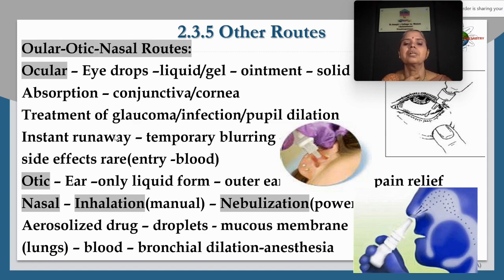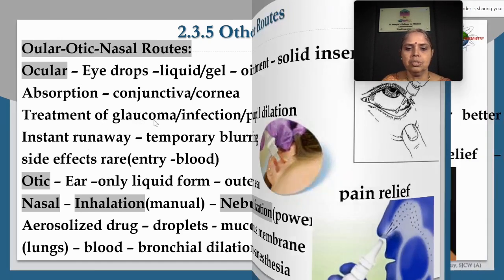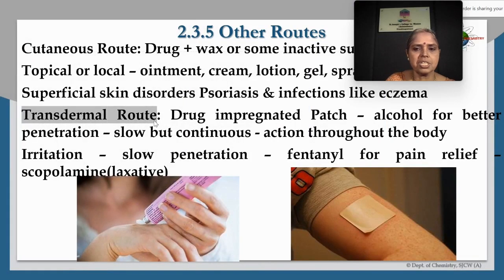It will go into the tract, from there into the lungs, and it will cause the desired effect through nebulization. Also, there is little risk here. If the drug is directly deposited on the lung wall without becoming a fine mist, then it will cause irritation, coughing, wheezing. Little care is required. Some skilled person has to do it, or some health assistance is required. Then we move on to the next route in the other routes category.